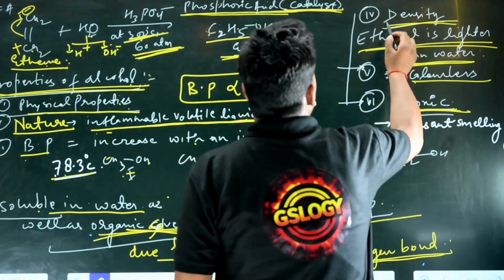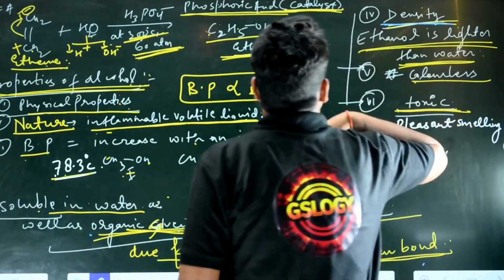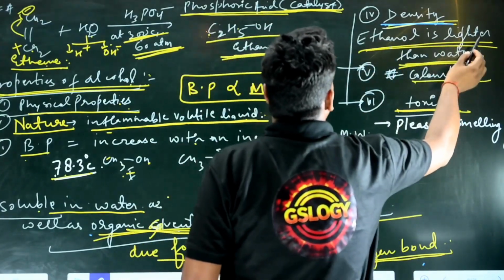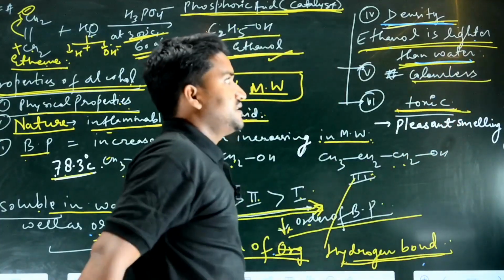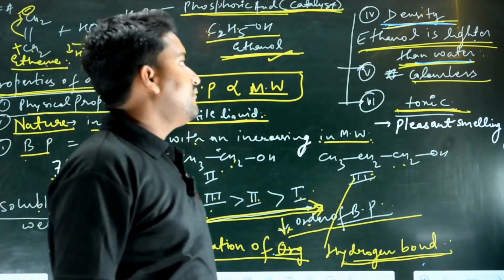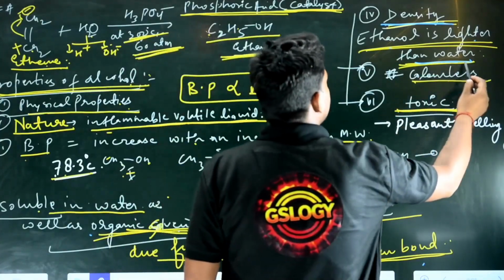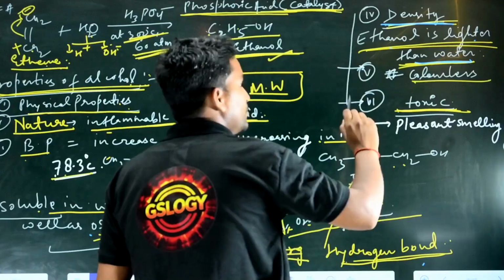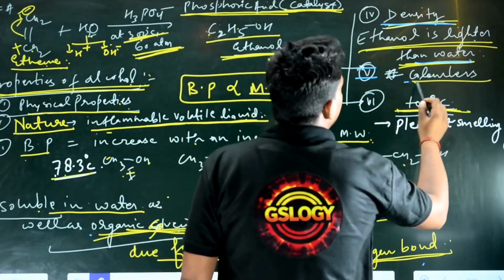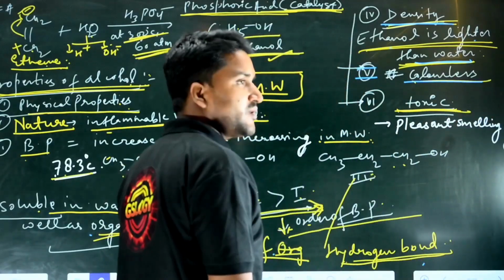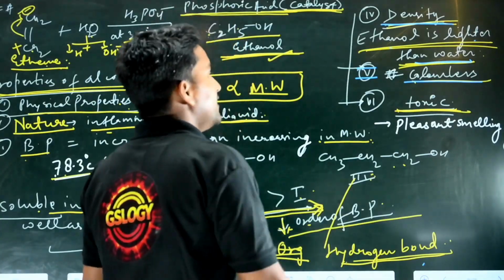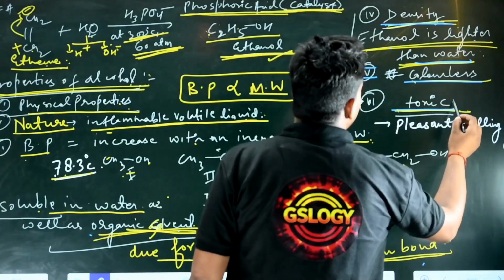And the density of alcohol: ethanol is lighter than water. Ethanol is lighter than water. Okay. And ethanol is a colorless liquid, and it is toxic in nature.